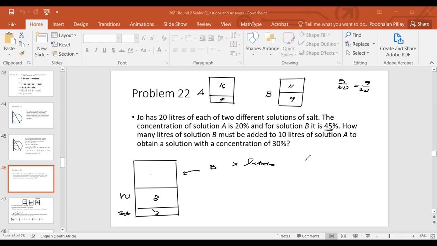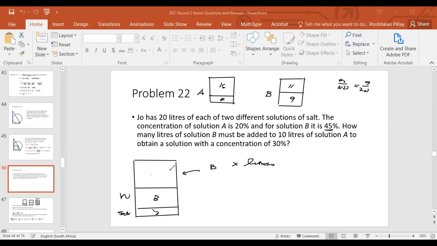I want to track how much salt is there, because to calculate the concentration and equate it to 30%, that's where my equation will come. I need the total amount of salt in this new combination over the total amount of liquid altogether. That gives you the concentration.